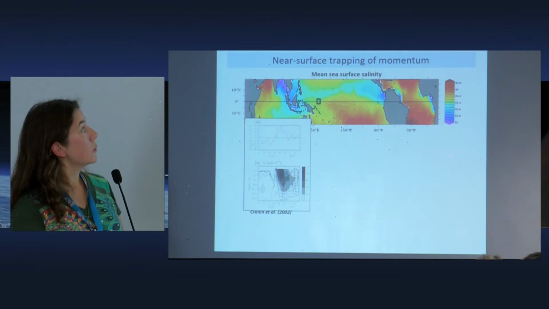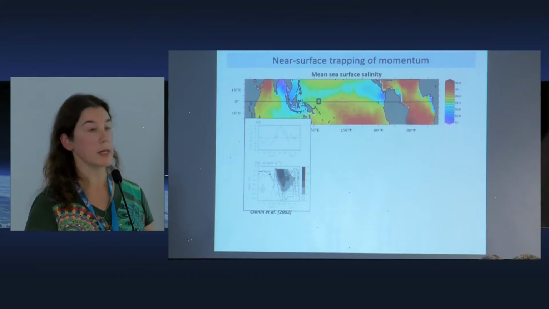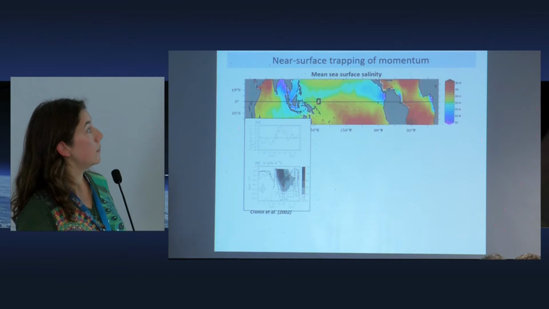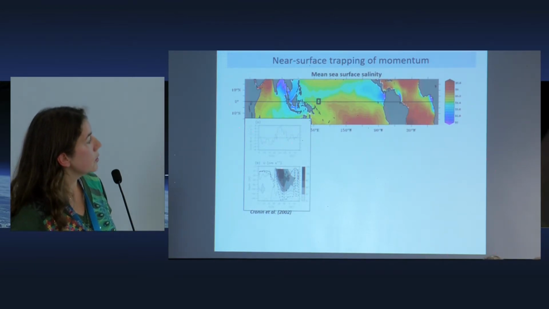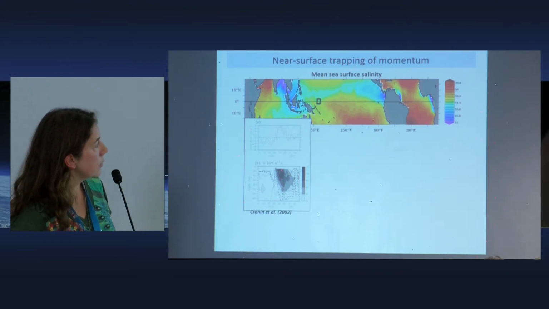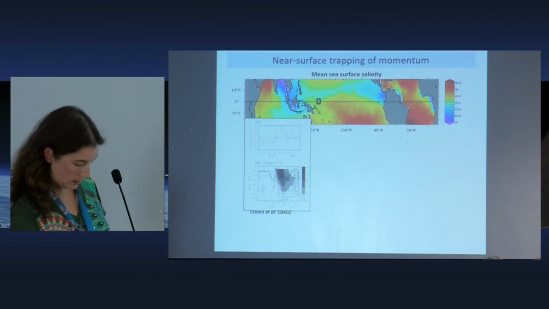Okay, one of the last points is that in the tropical regions, you have very high precipitation and so a strong stratification in salinity at the surface with a thin mixed layer. You have an example here, it's not very clear, of the response of the ocean to a wind burst. And I don't know if you can see, but there is a very shallow jet with a strong vertical shear.